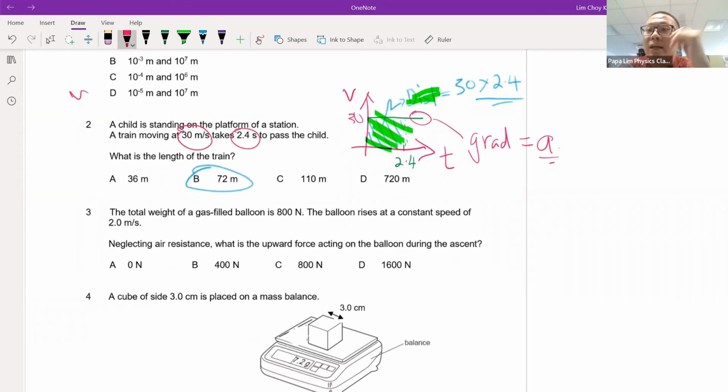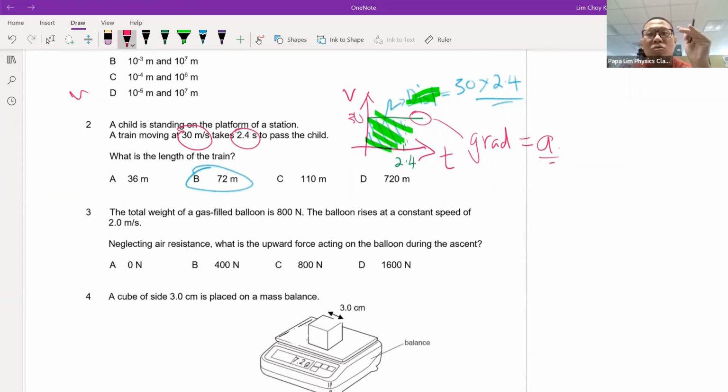So if I need to find the acceleration of the object using a speed time graph, I look at the gradient. If I want to find the distance traveled, I look at the area under the graph, which brings us to the important fact that for kinematics, the approach that we have at O level is to use the velocity time graph, rather than using the formula itself.